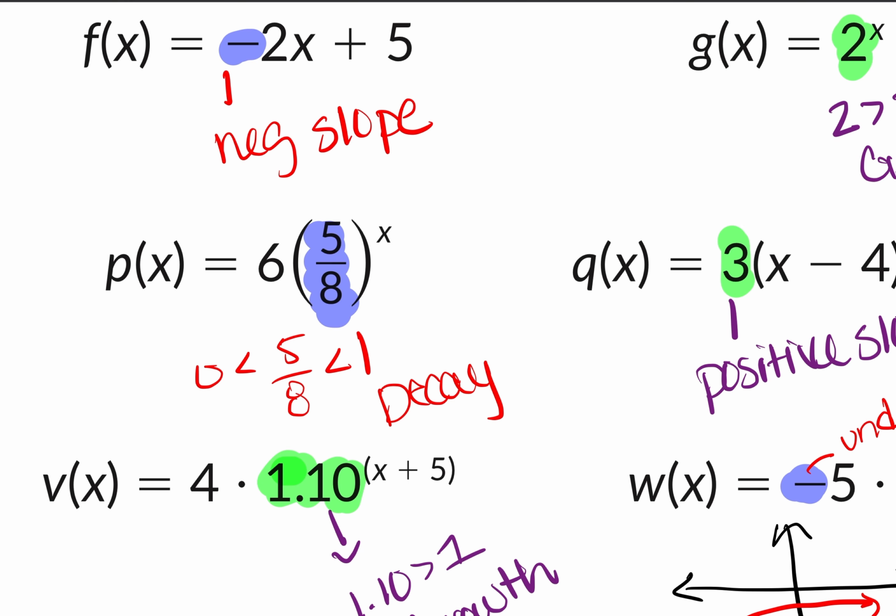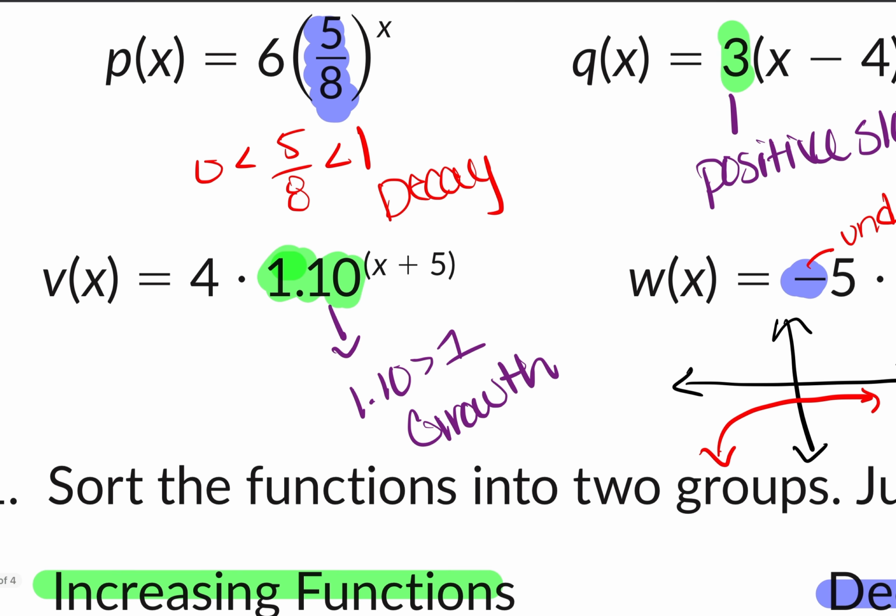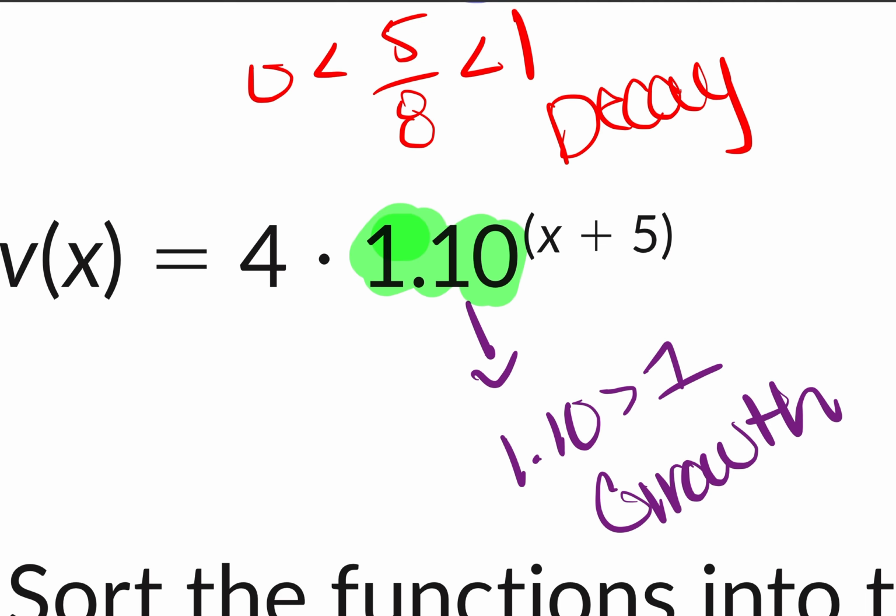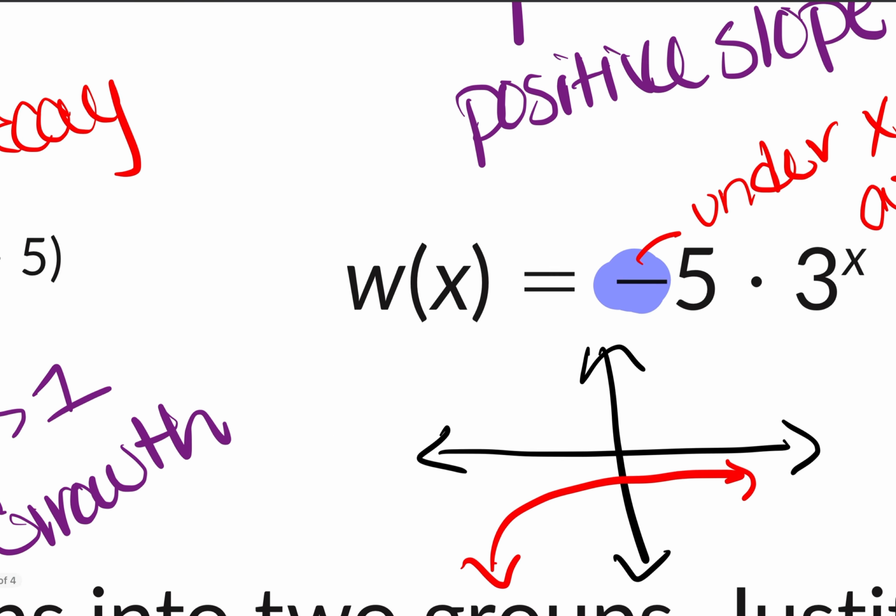Again, if it's 0 point something, that is going to be a decay because that is less than 1. This one is going to be a growth because 1.10 is bigger than 1, so that is a growth, and that's exponential as well.